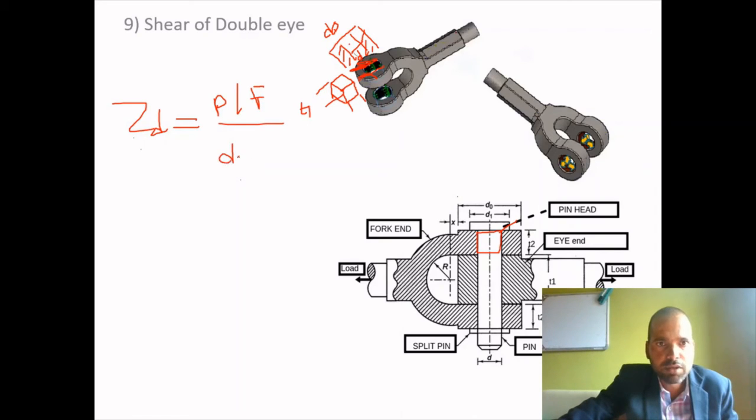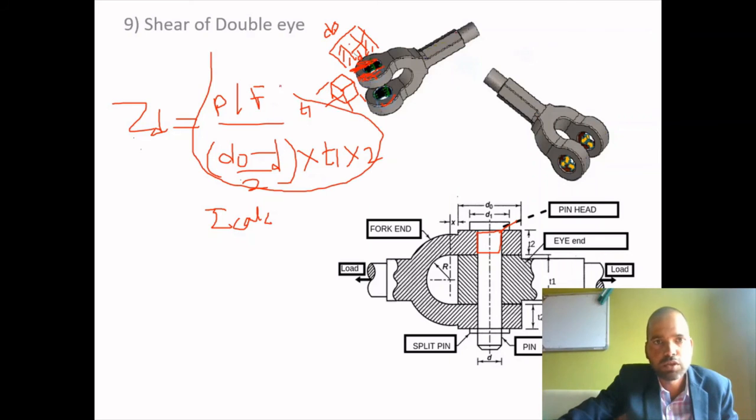The area will be d0 minus d divided by 2, multiplied by thickness d1. This is for this portion, multiplied by 2 for this portion and this portion. From this equation we will get tau calculated, because the force will be known, and all the dimensions we have calculated earlier.